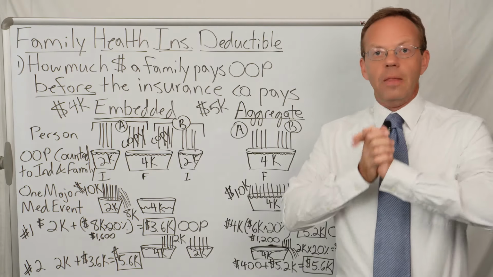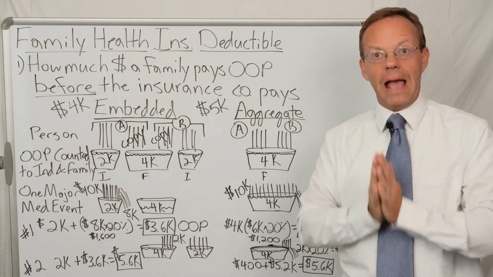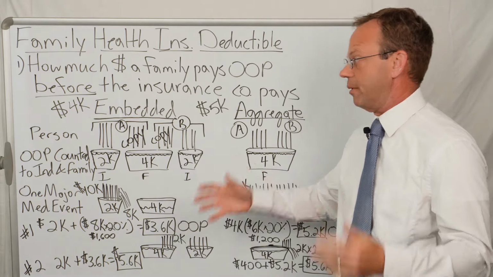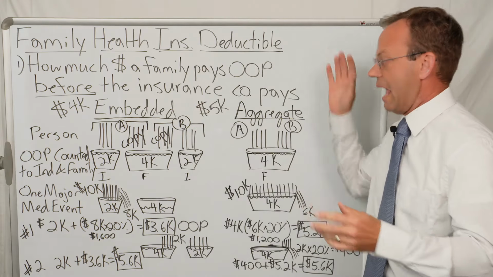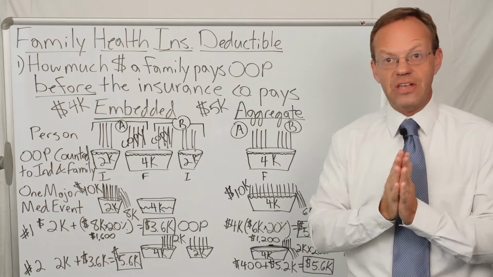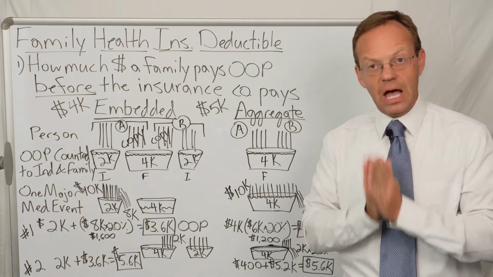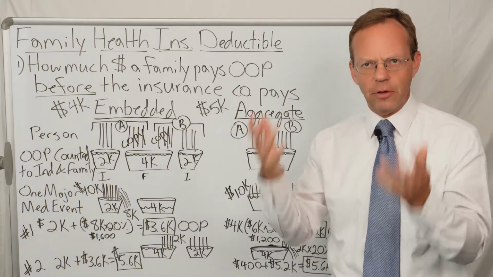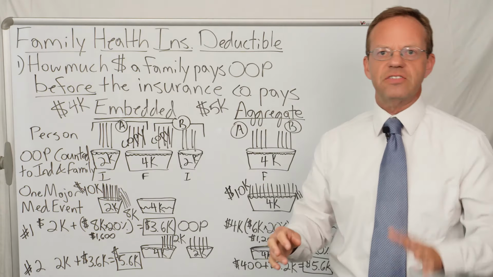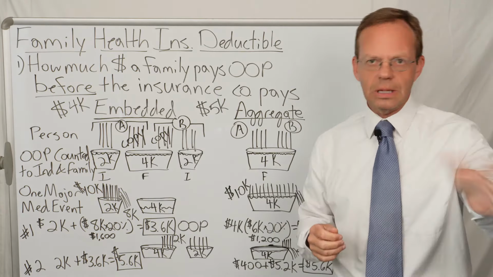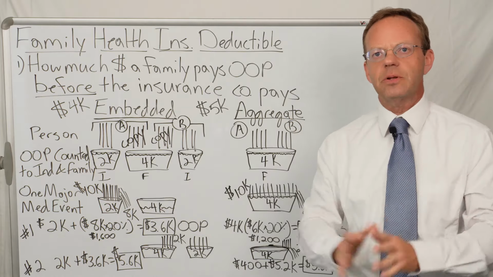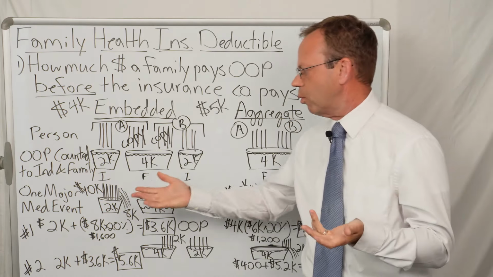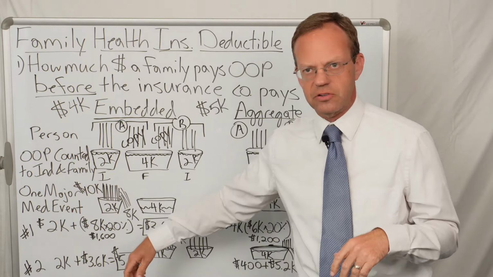Now, the amount a family pays out of pocket changes depending on whether they have an embedded versus an aggregate deductible. Let me give you an example. This most commonly occurs when one family member has a lot of healthcare expenses. It might be a big ER visit, a hospital stay, or labor and delivery, having a baby in the hospital. Let's say that one person has $10,000 of medical expenses.